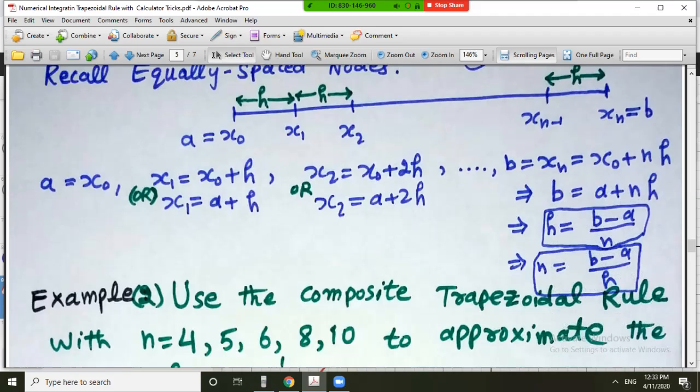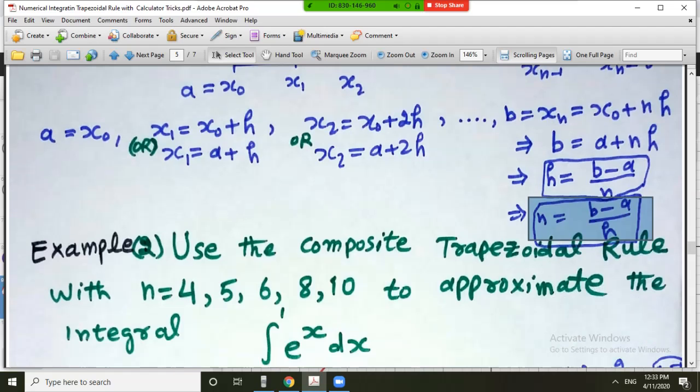So we can write a is equal to x0, x1 is equal to x0 plus h or a plus h, x2 is equal to a plus 2h, and xn is equal to a plus nh or x0 plus nh. So xn is equal to b, therefore we can write b is equal to a plus nh, or h is equal to b minus a by n, or n is equal to b minus a by h. If h is given, we can find n. If n is given, we can find h.